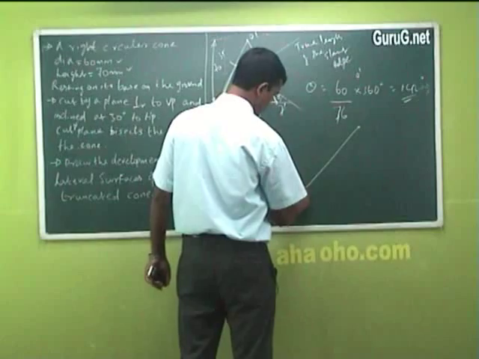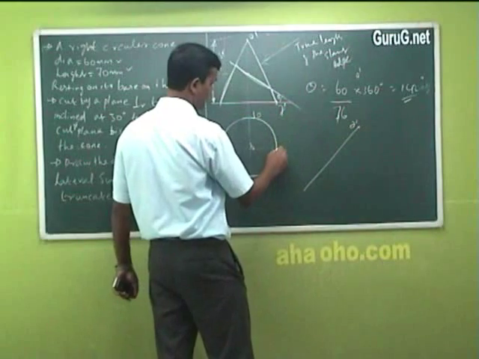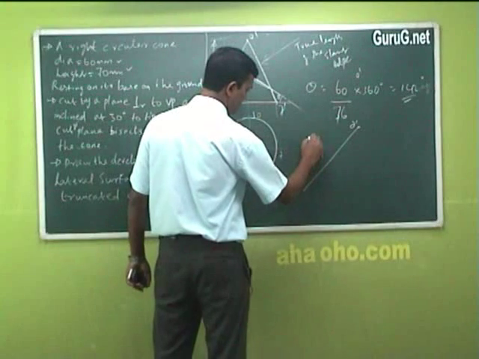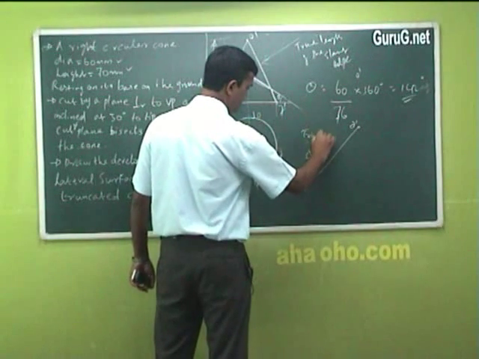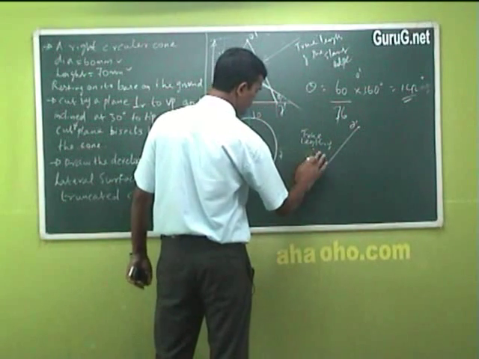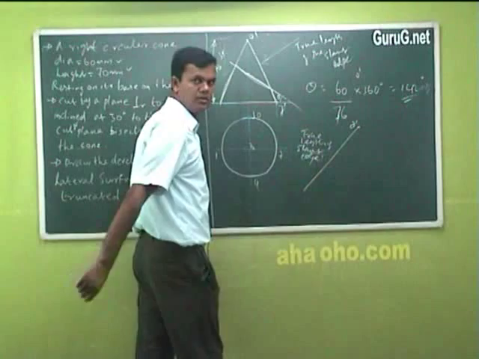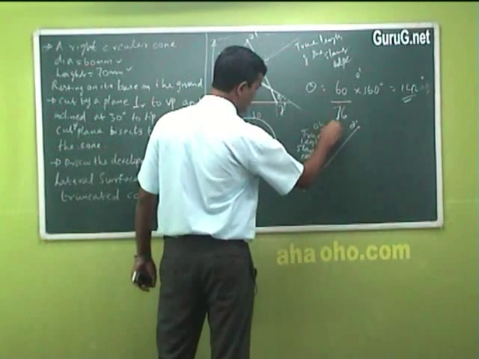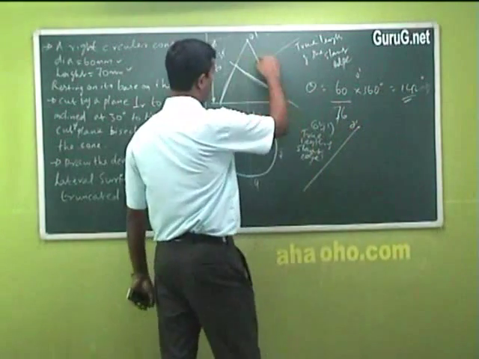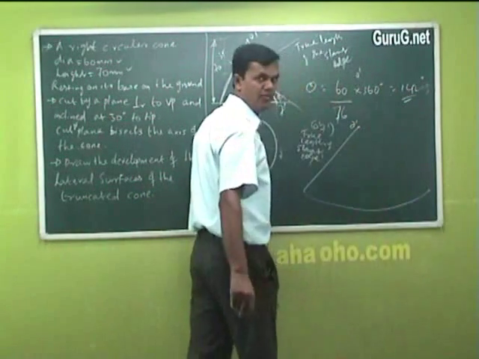Take O dash and 7 dash, the true length of this slant edge, as the radius, and for the arc you take the value of 142 degrees.